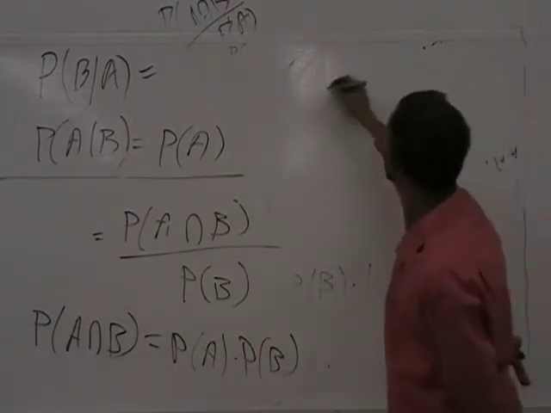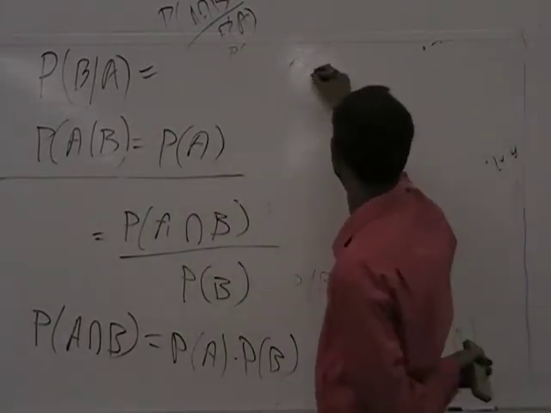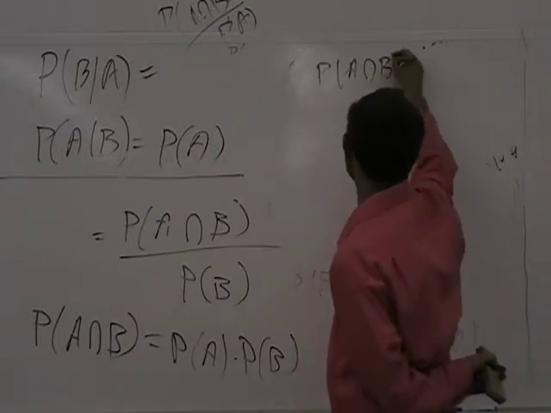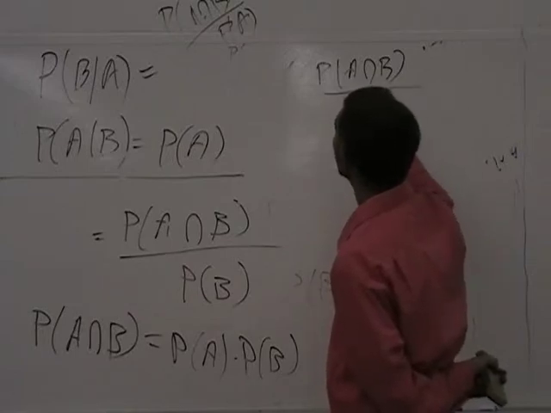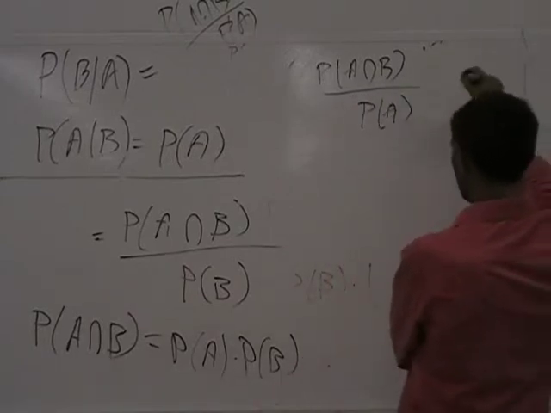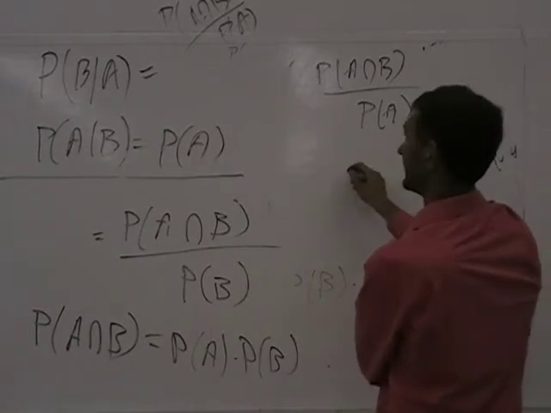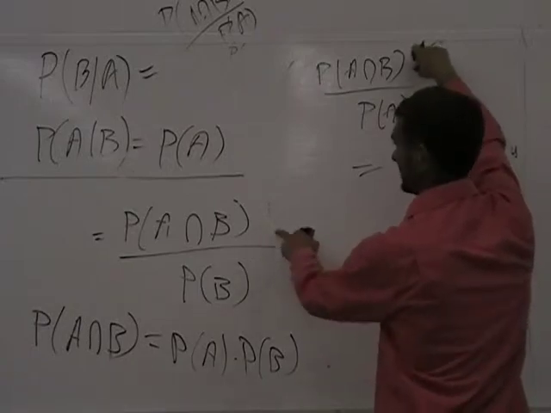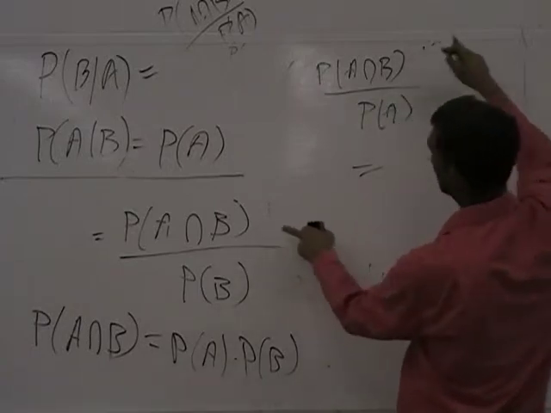Sorry. So, probability of A intersect B over probability of A, and this is this.